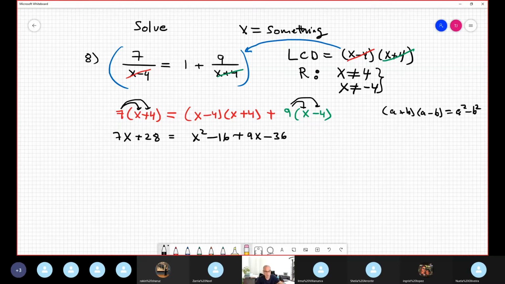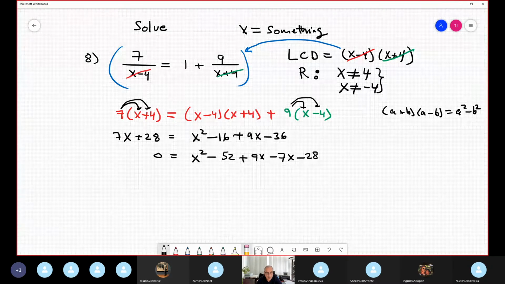Okay, in that moment, I realize that we are in front of a quadratic equation. And the quadratic equation, I need to express it in standard form. X squared minus 16. Well, actually, I can combine 16 and 36 is 52, I guess so. Minus 52, plus 9x, I bring negative 7x and 28, minus 28, equal to 0.